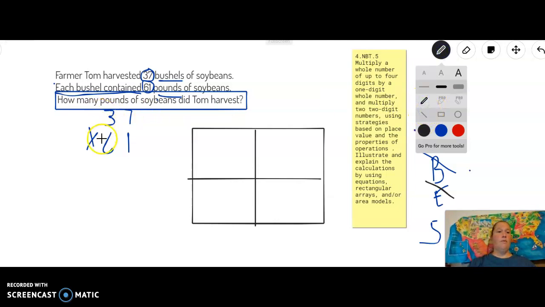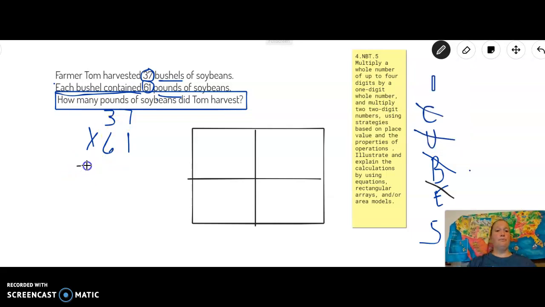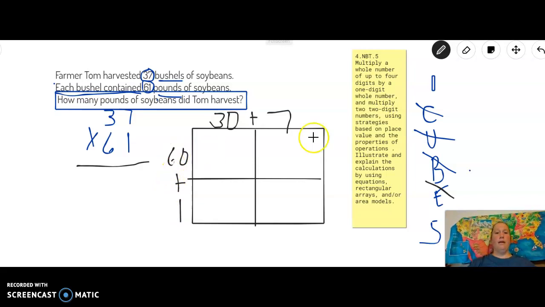So let's break it apart. 37, we know that's the same as 30 plus 7. 61 is the same as 60 plus 1.